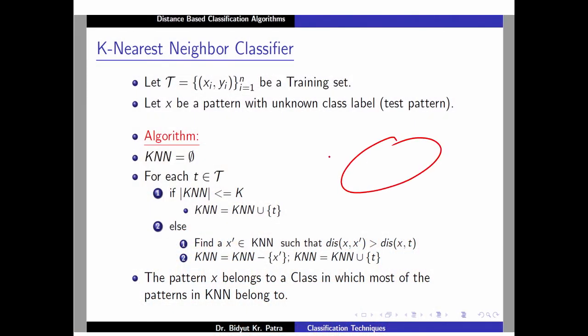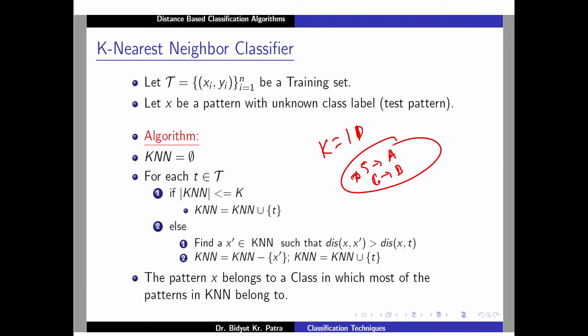Let us say the k value is 10. Among the 10 points, say 4 points belong to class A and 6 points belong to class B. So, the majority of the points belong to class B. Therefore, the unknown object's class label will be B.